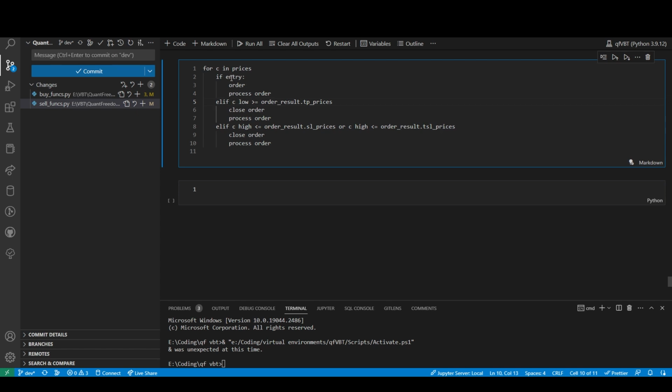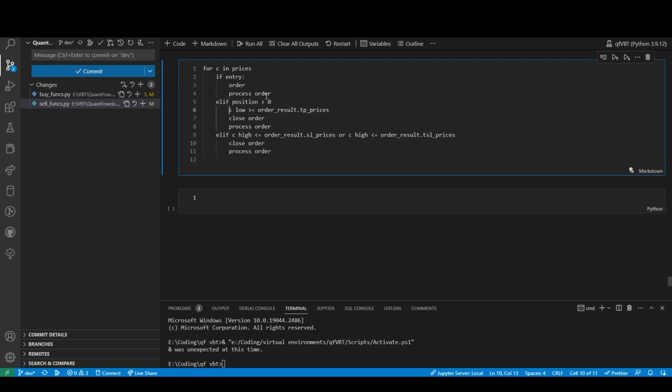And then if it's an entry, then process the order. If it's not, then check to see if we are in a position, else if position is greater than 0. And then this is elif this.